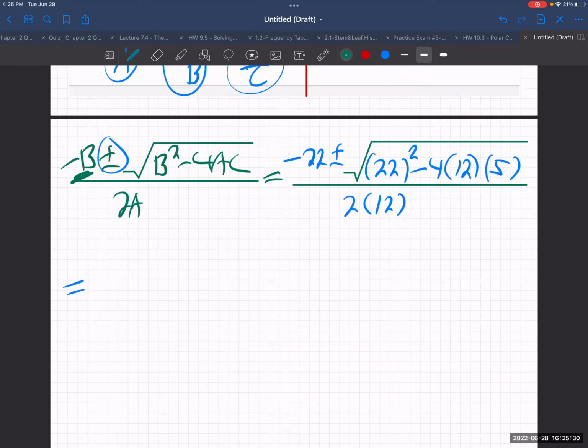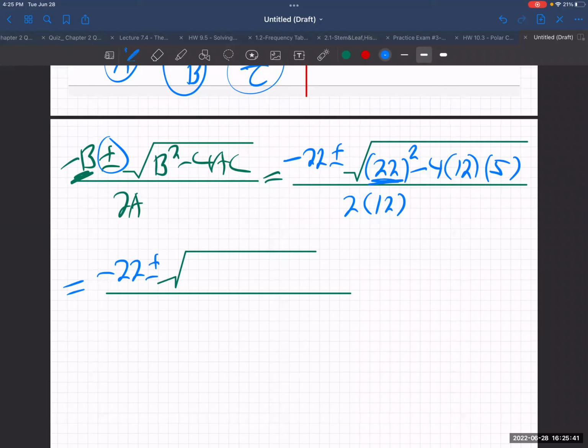So what's that going to equal? That's going to equal minus 22 plus or minus. Use your calculator now. 22 squared is 484. Minus, and then multiply 4 times 12 times 5. So that's 240, and this is 24 in the bottom.